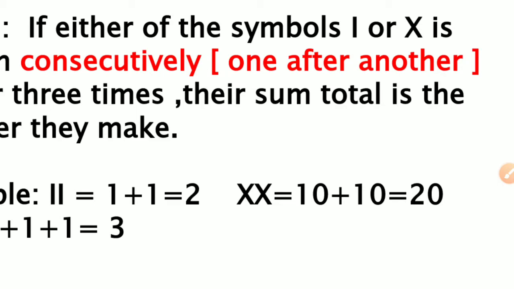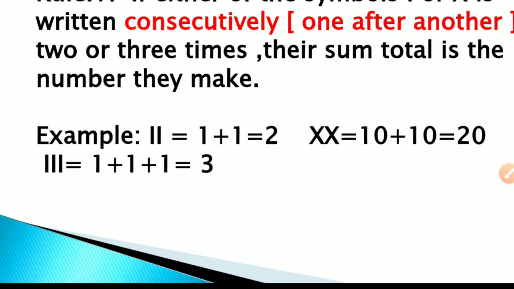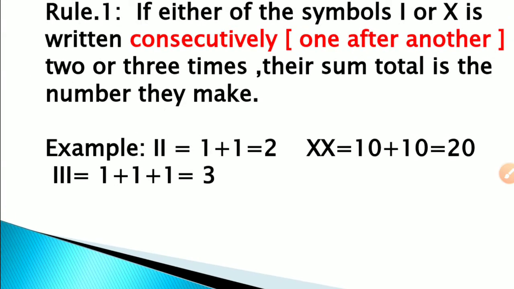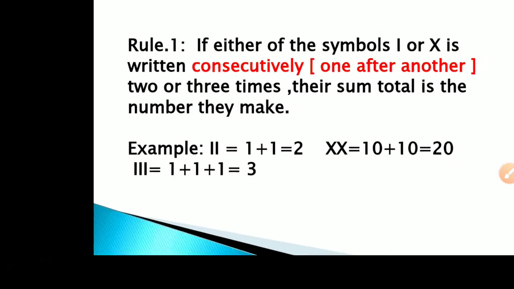We need to add the value of the alphabet. X plus X, that means 10 plus 10 is equal to 20. Next, 3 times I. That means 3 times 1, and we need to add the values. That means 1 plus 1 plus 1 is equal to 3.